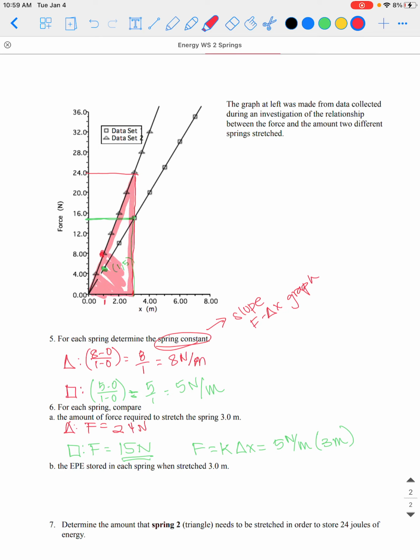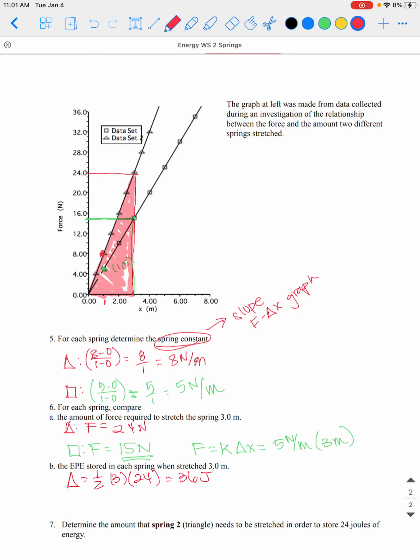It's a triangle, and so that is going to give me 1/2 base of 3 and a height of 24. And when I calculate that value, I end up getting 36 joules, or you could call it 36 Newton meters, which are the same thing.